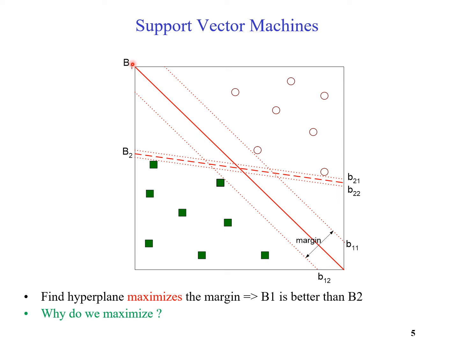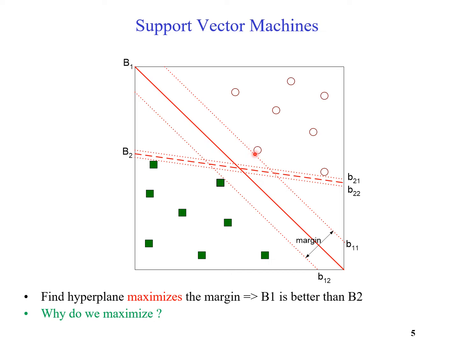Let's say we have a line, B1, and we also have two parallel lines with this B1. This parallel line goes through this data, and this parallel line goes through this data.